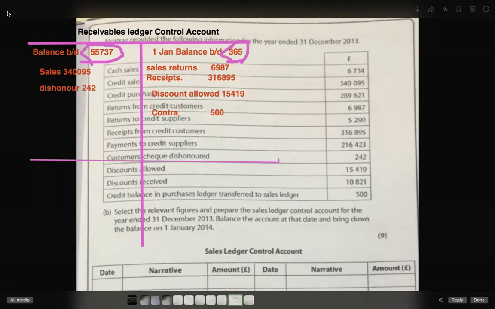I'm so sorry. Did you prepare the account? Aditya, are you following? What is the balance CD? How much is the balance CD?